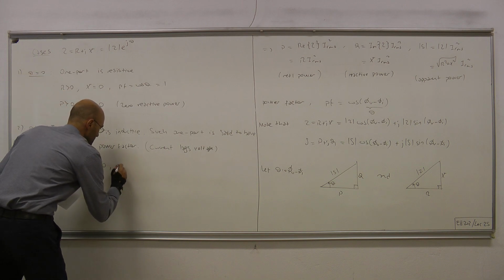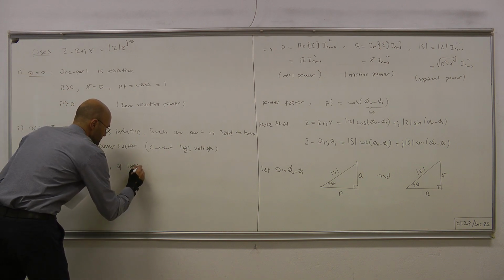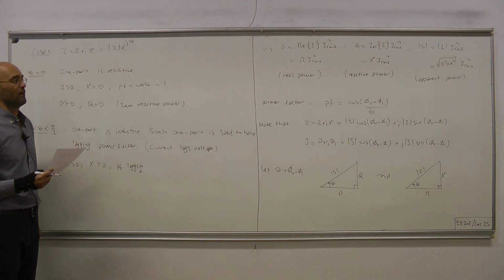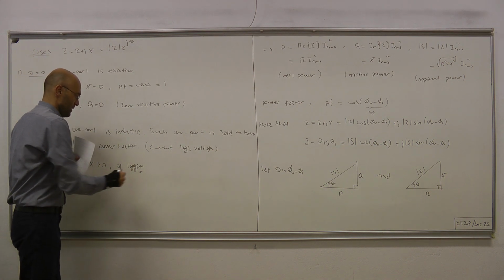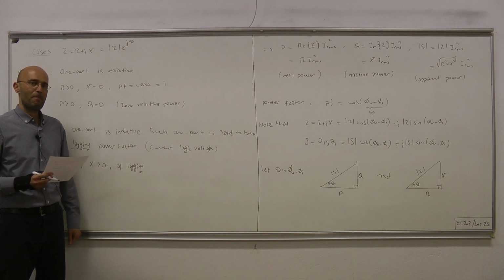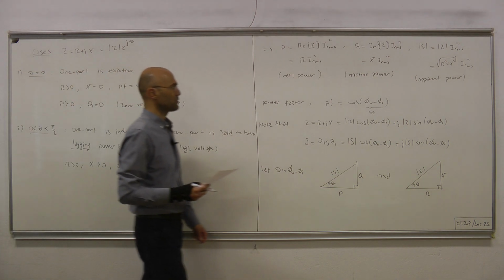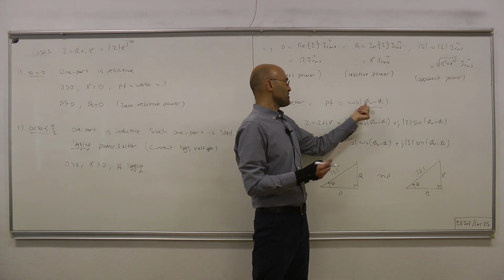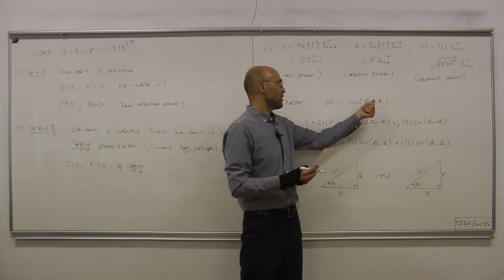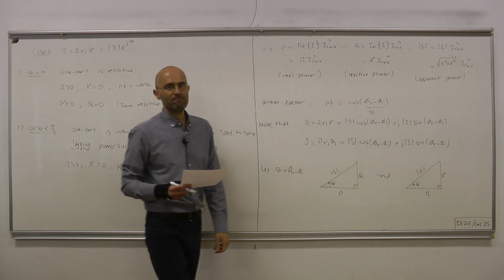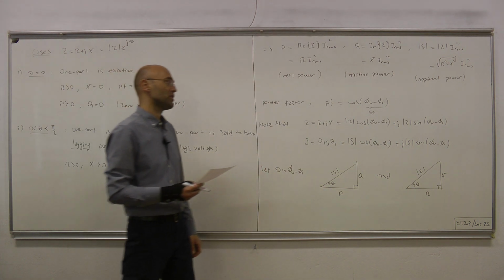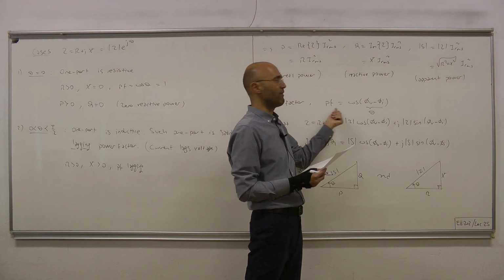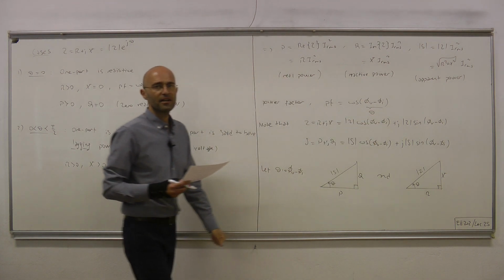And PF is somewhere between 0 and 1, and it's said to be a lagging power factor, because if you only know the power factor, since cosine of phi v minus phi I and cosine of phi I minus phi v is the same, cosine is an even function, you cannot determine by just knowing the power factor the sign of the phase.